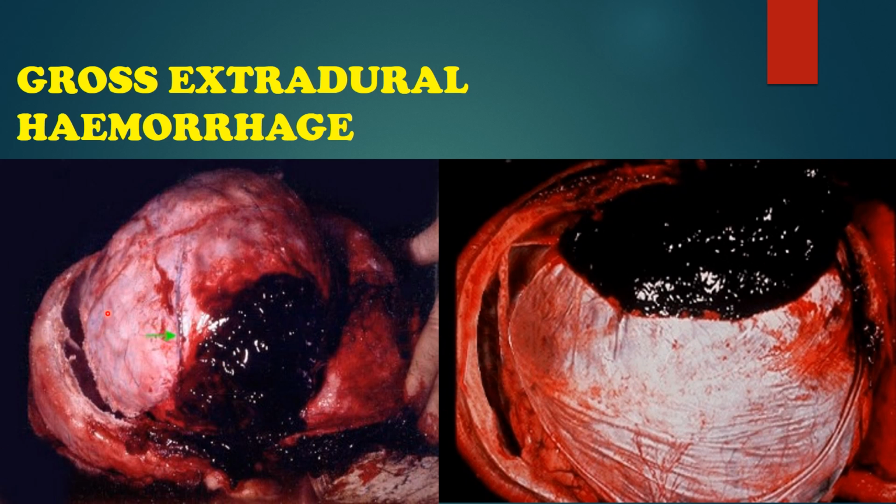As soon as the scalp is reflected over the dura mater, there is a circumscribed oval-shaped hematoma. Its diameter can be 10 centimeters or more. It looks blackish red in color, shiny, soft and friable.